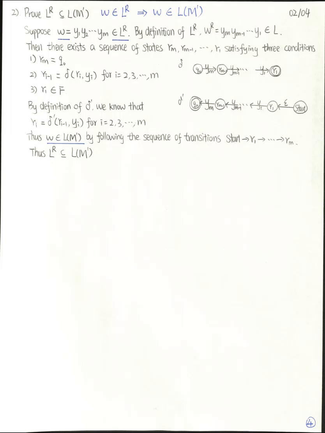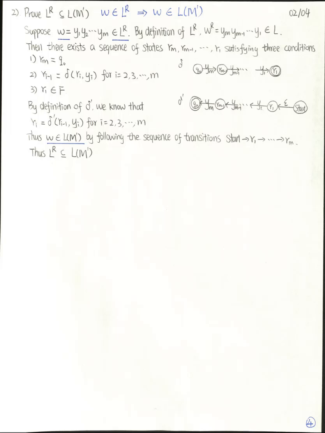Alright, so this is given to us if we assume the premise is true. Now we connect this computation of M on WR to the computation of M prime on W. By definition of the transition function of M prime, we know we can reverse the order of the original transitions in M. So if I'm at Ri minus 1 and I read the symbol Yi, I should reach the state Ri. So this W should be recognized by this M prime by following the sequence of transitions.